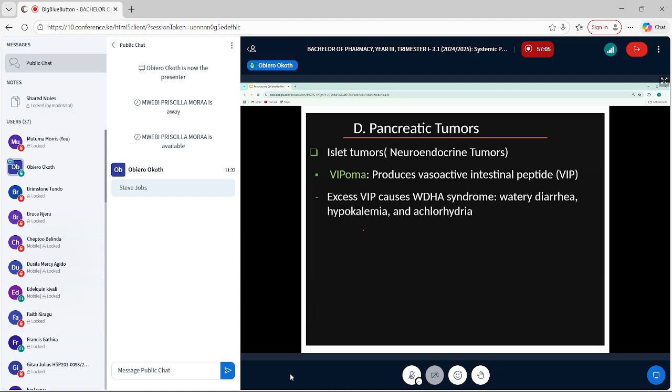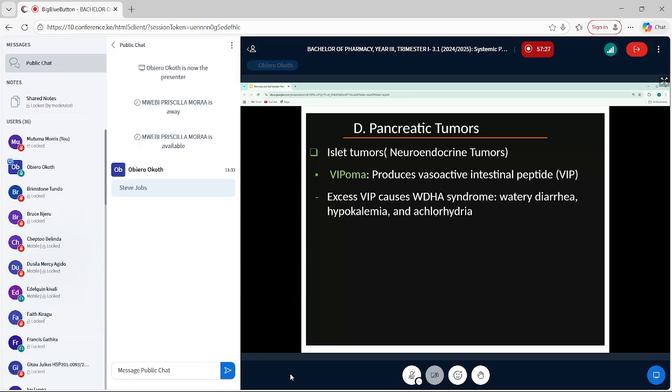Because you're having watery diarrhea, you also lose potassium-rich intestinal fluid, and on top of that, they end up with low potassium. These are neuroendocrine tumors, or pancreatic tumors of the endocrine side.